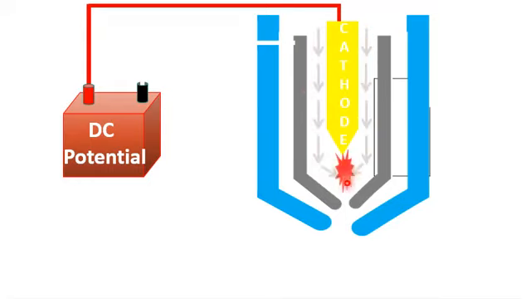When the plasma reaches the tip of the nozzle, which has a very small orifice, usually a few millimeters, and passes through this orifice, the temperature and pressure of the plasma will further increase due to the narrow region.